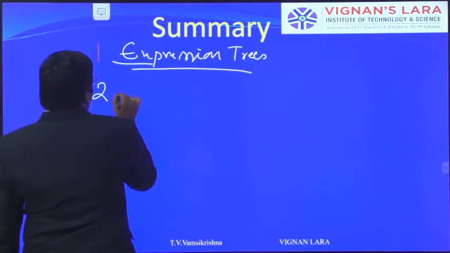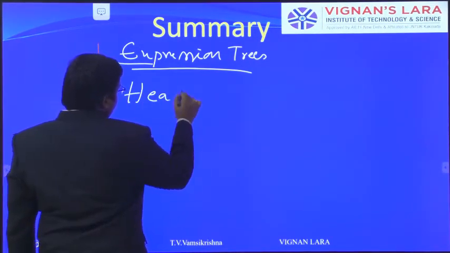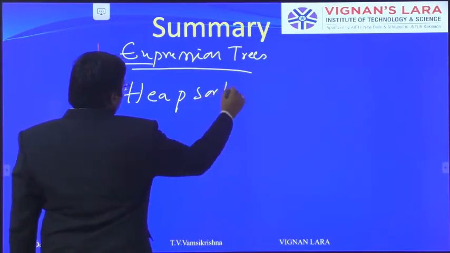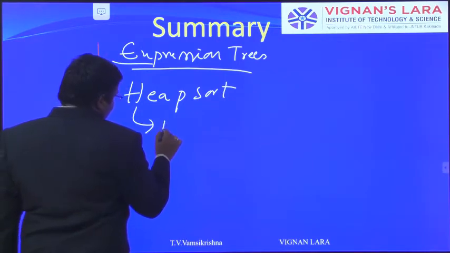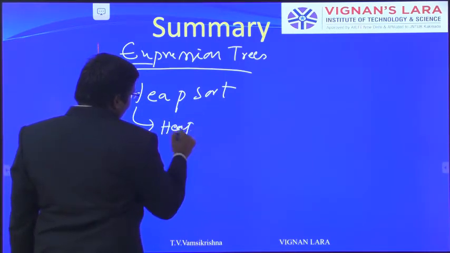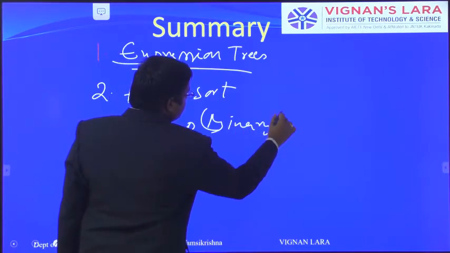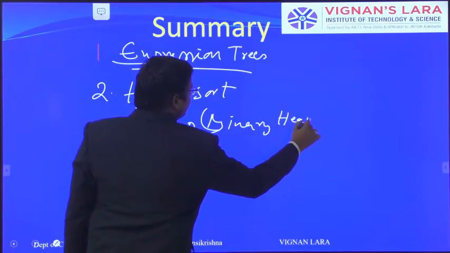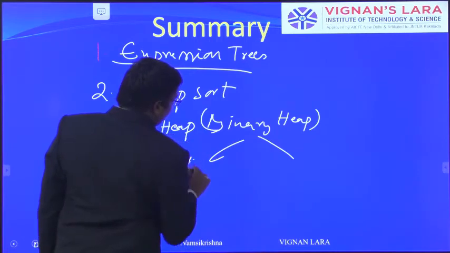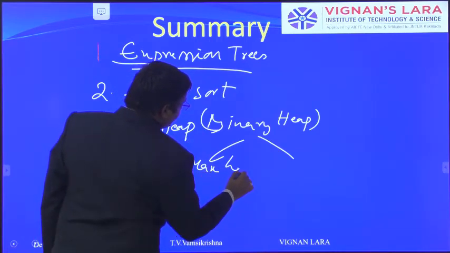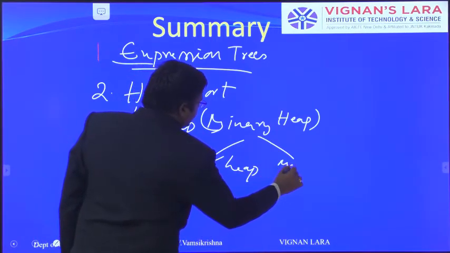The second thing we have discussed is heap sort. In the process of heap sort, what is the heap? We discussed binary heaps, and in that case we discussed two things: max heap and min heap.